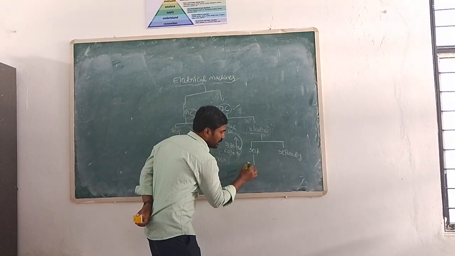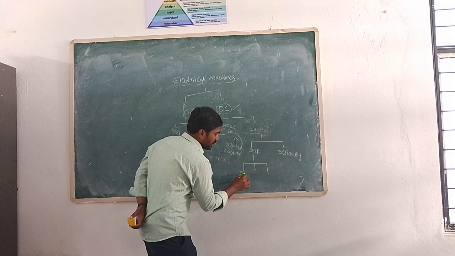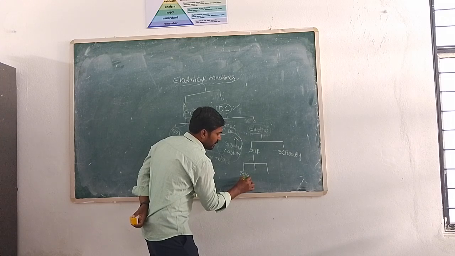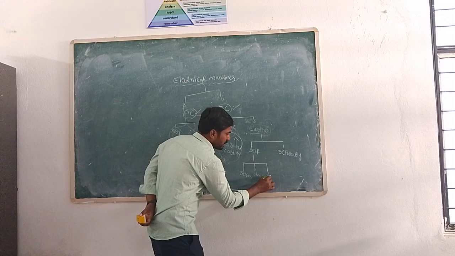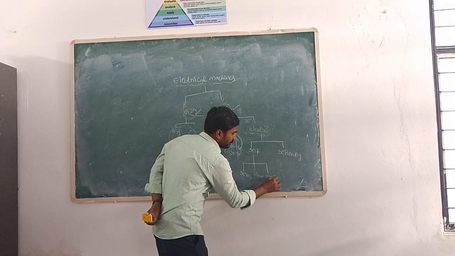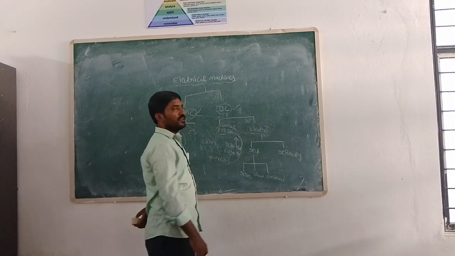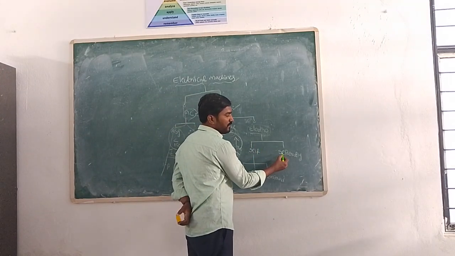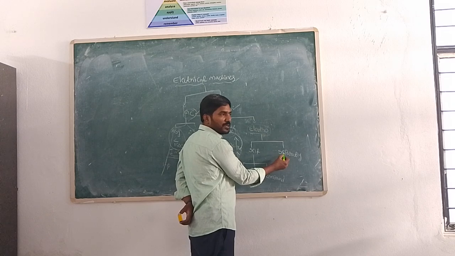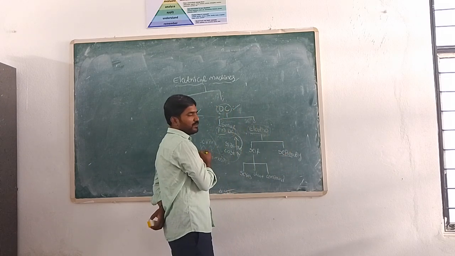Then again, self-excited is further classified into three types: series, shunt, and compound. So these are the basic classifications of the DC machines. For example, if the field excitation is given separately, we call it a separately excited machine.